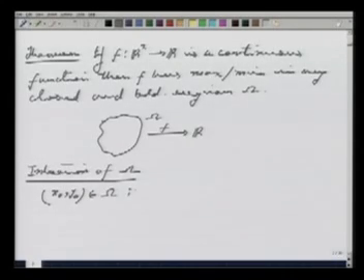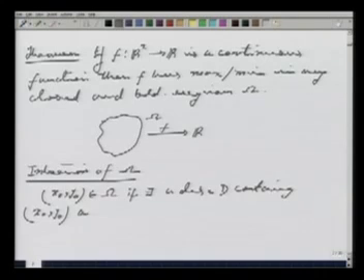If there exists a disk D containing x naught y naught and D is a subset of omega, then x naught y naught is called an interior point.